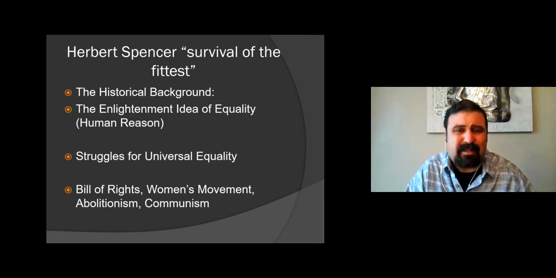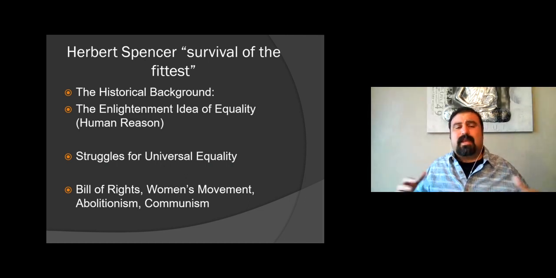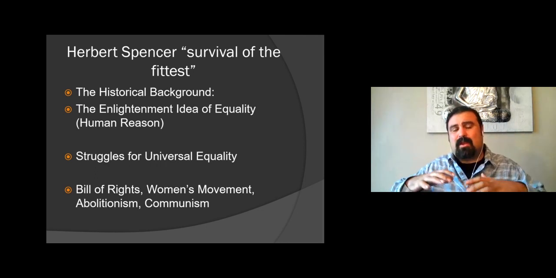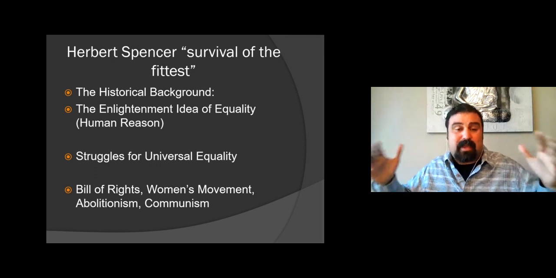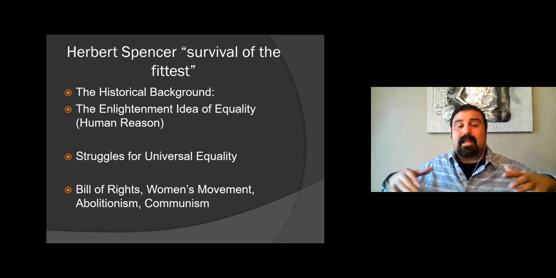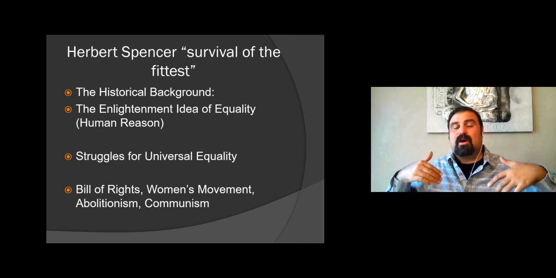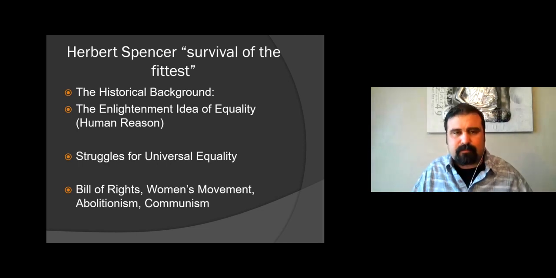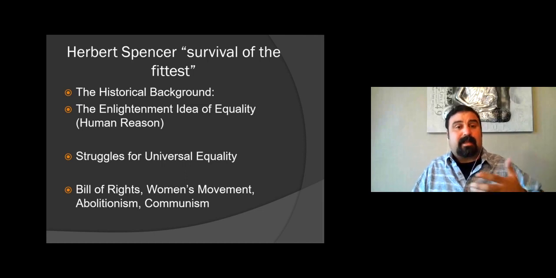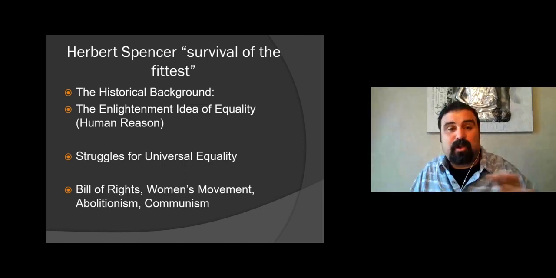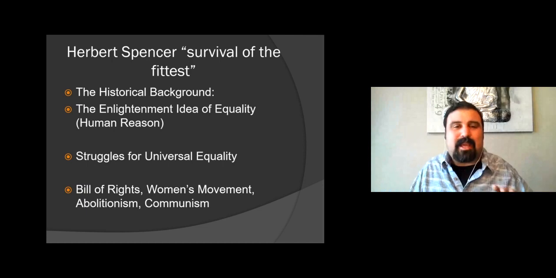The Age of Enlightenment, again, is the 1700s. It is an age when there were a series of thinkers and philosophers that introduced the notion of equality to the world, that indeed all humans are indeed equal.